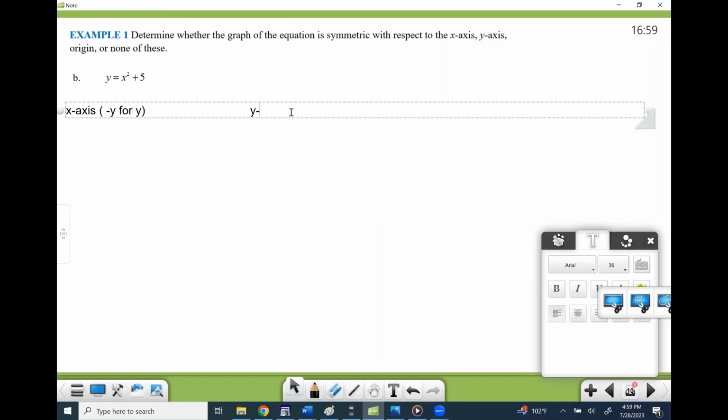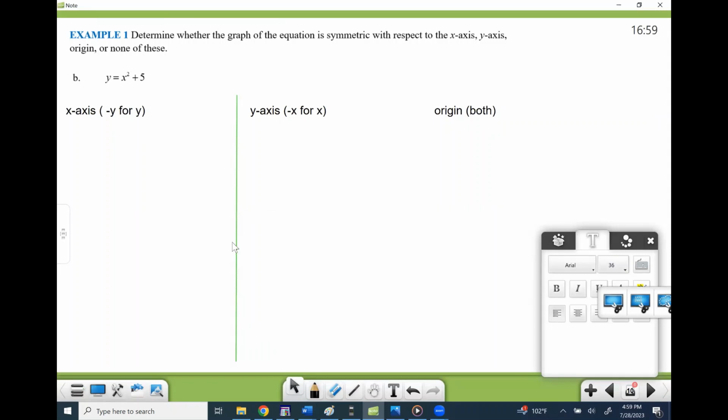For symmetric to the y-axis, it's negative x for x. And then for symmetric to the origin, both. All right, let's go in here and test this. Okay, so I'm going to substitute a negative y in for y.